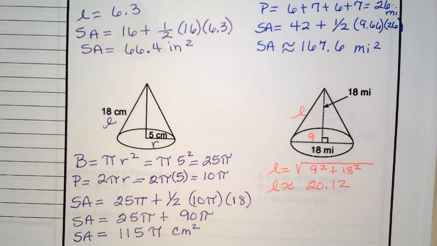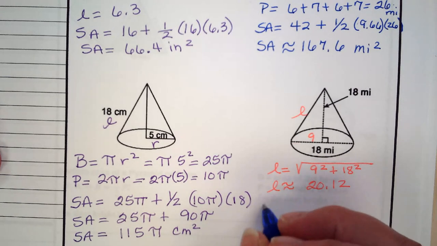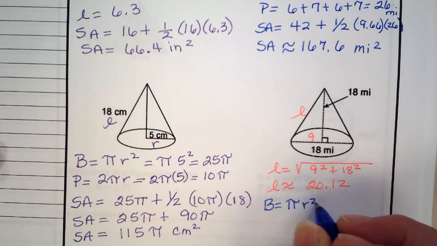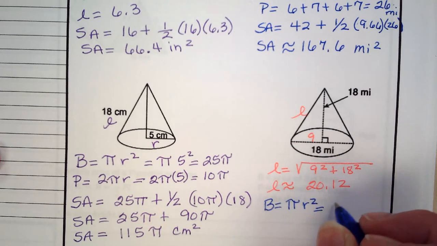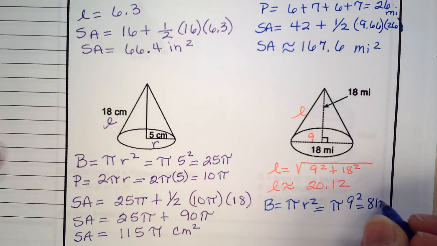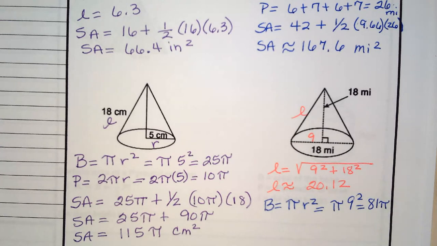Okay, now, base area is that pi r squared, which is pi times 9 squared, or 81 pi. Now that I've got my slant height, my circumference.